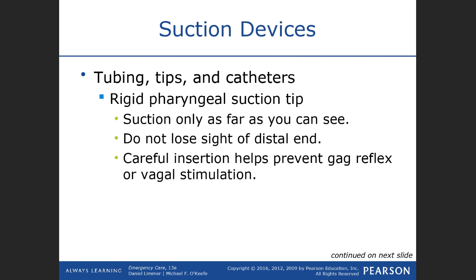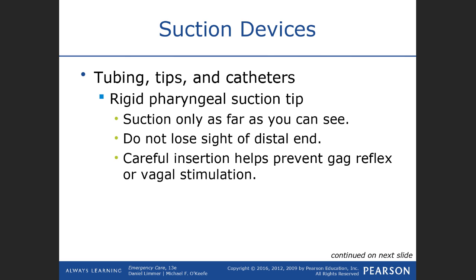Okay, continuing. Rigid pharyngeal suction tip: suction only as far as you can see. Do not lose sight of the distal end. Careful insertion helps to prevent gag reflex or vagal stimulation. Right?